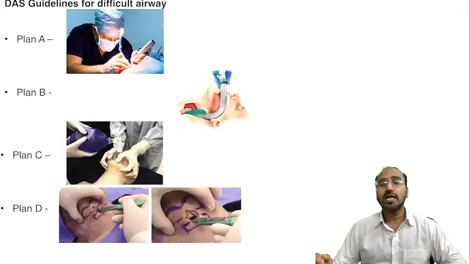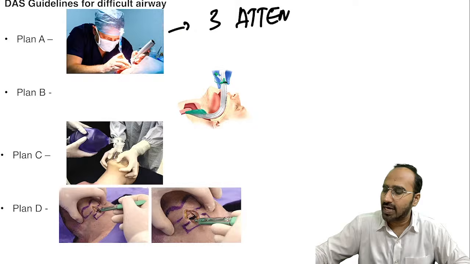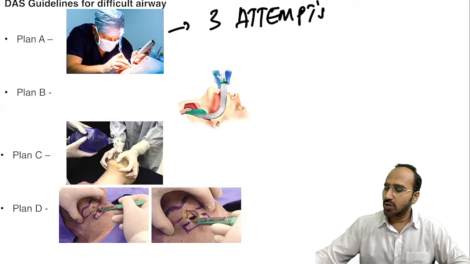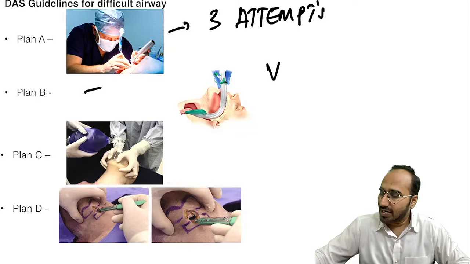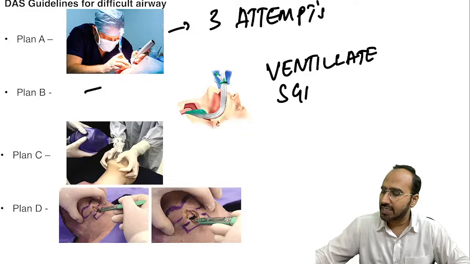So we were discussing what? Difficult airway guidelines. What were the plan A, guys? You give 3 attempts of intubation. If 3 attempts fail, then your plan B should be what? Ventilate the patient with the help of SGA. SGA is what? Supraglottic airways or LMA.